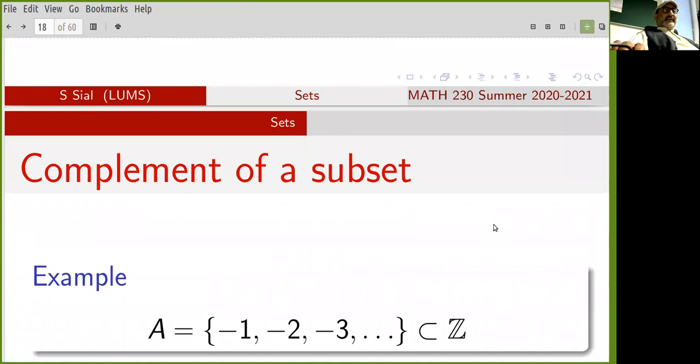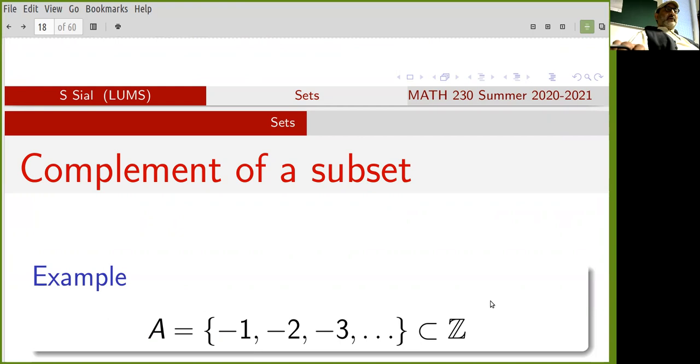Let's say that my set S here is the integers. This Z over here stands for the integers. So A is a subset of the integers, and A consists of the numbers -1, -2, -3, and so on.